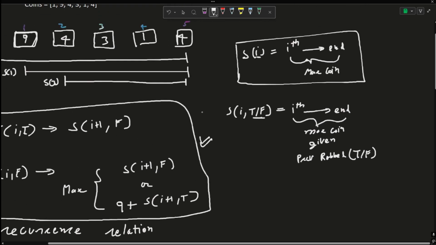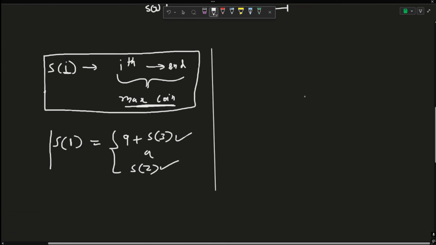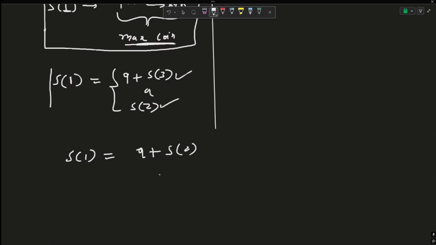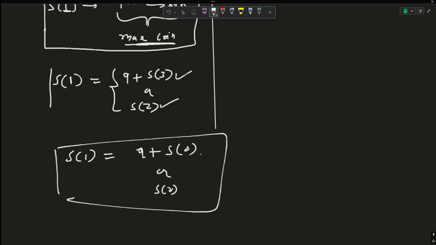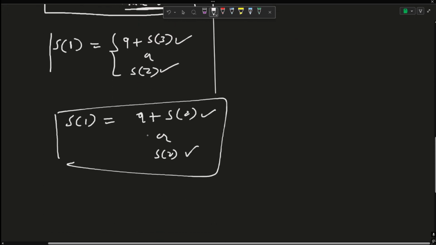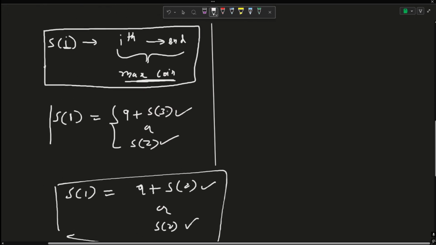But before, what we were writing was S1 equals 9 plus S2 or S2. We didn't know which one is valid. That's why we introduced this true and false. But if we modify the index by plus 2 and plus 1 and combine this true and false, now this is also valid and this is also valid.